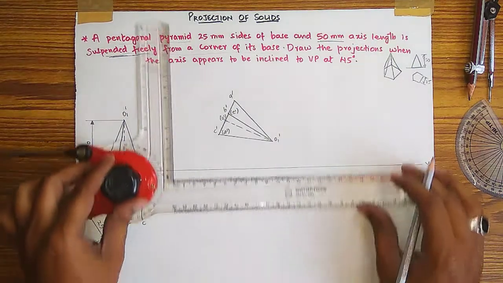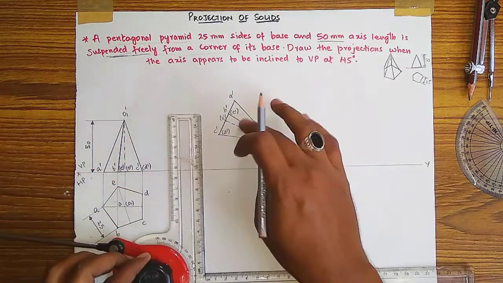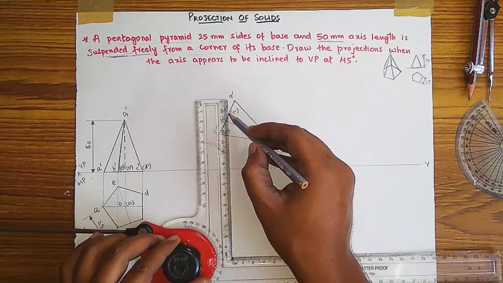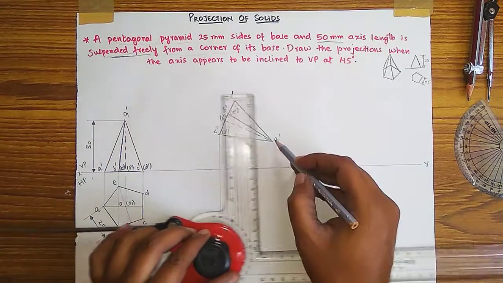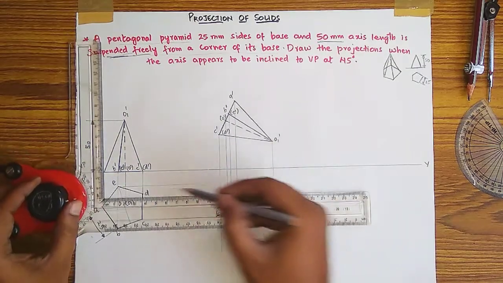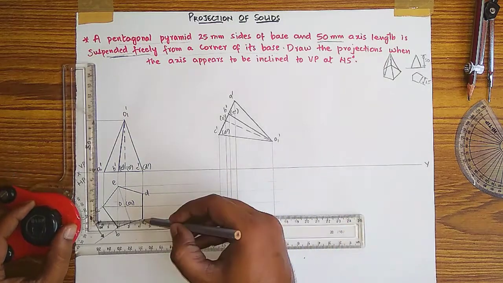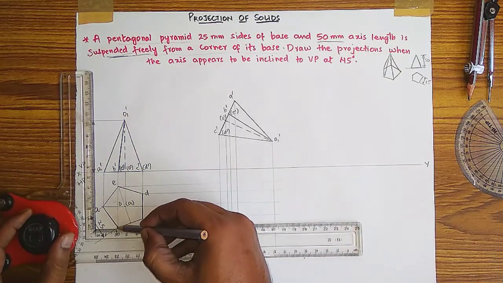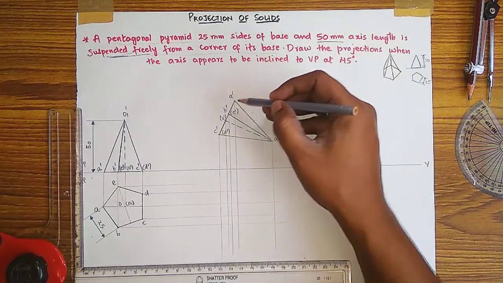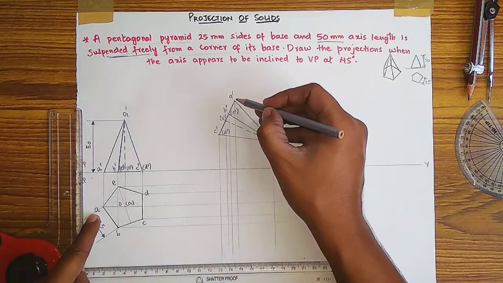After drawing this, you have to take the projection lines from the front view of the second projection, from each of these points, and from the top view of the first projection. After drawing the projection lines, you have to see where these points are meeting, and mark the points.